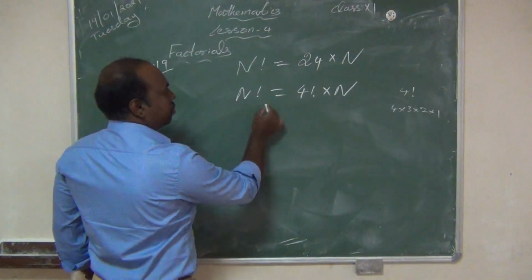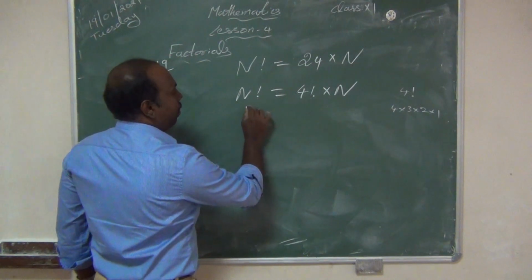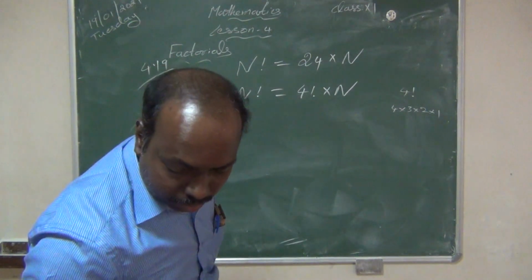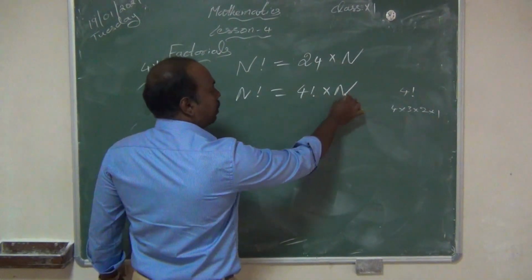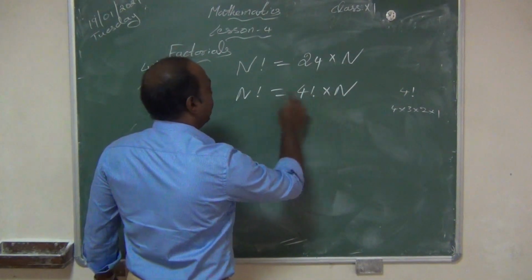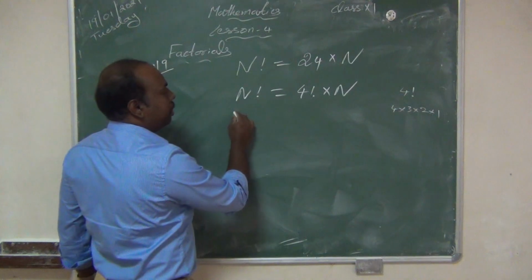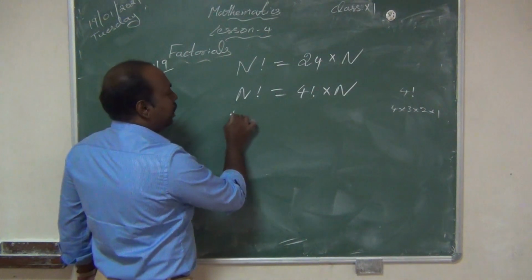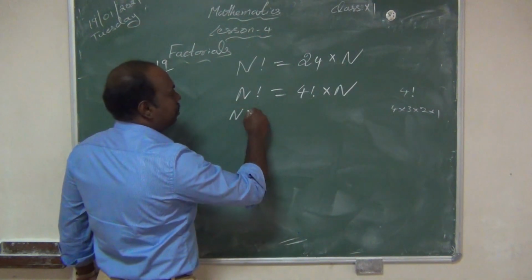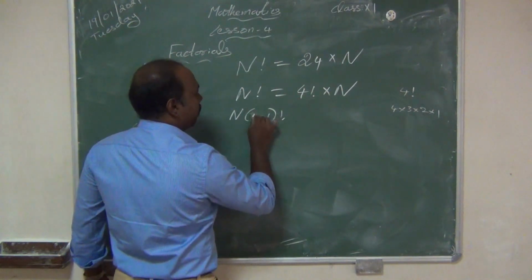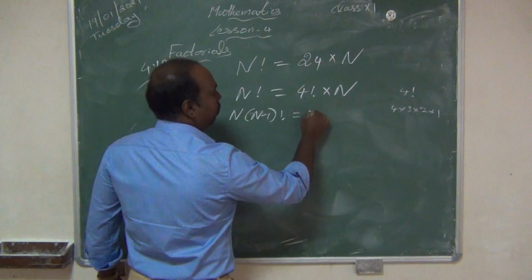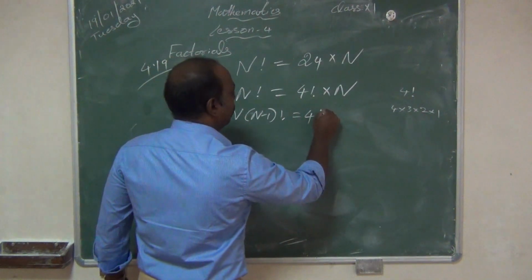Now here we have two terms, am I right? 4 factorial into n. So this n factorial can be written as n into n minus 1 factorial, which equals 4 factorial into n.